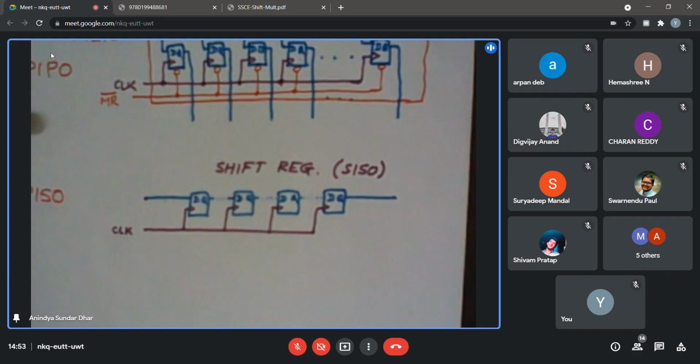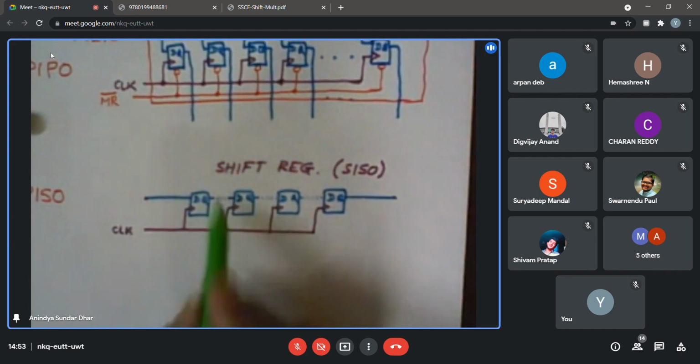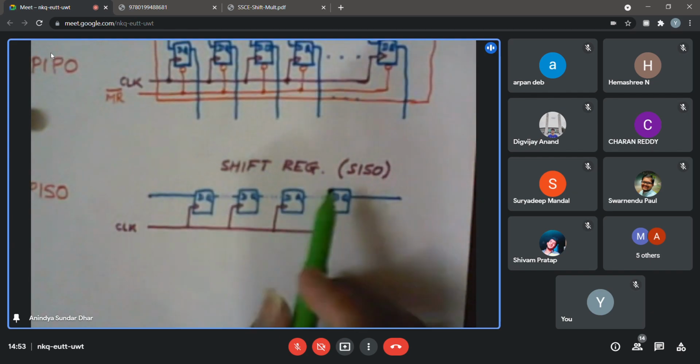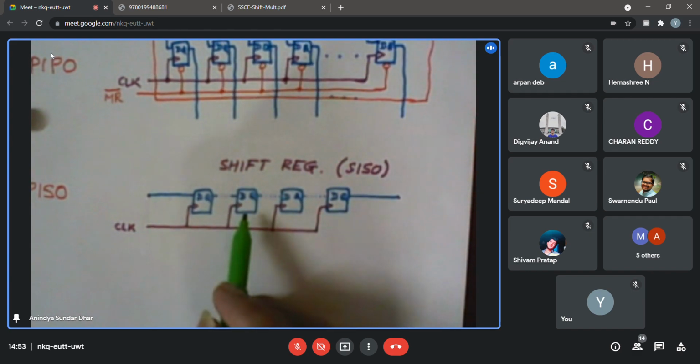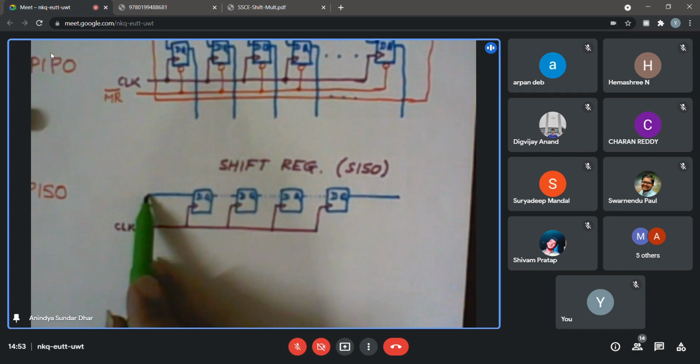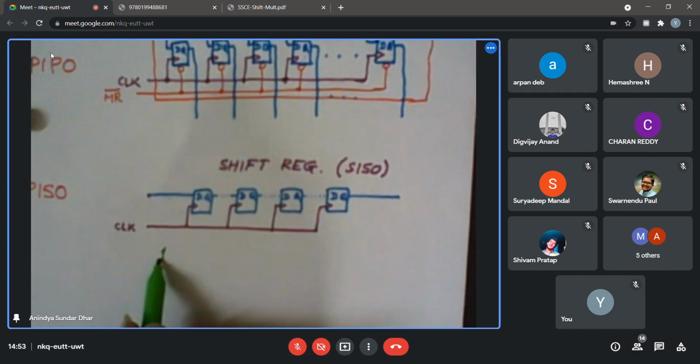Okay, so let us assume that initially I have switched it on. Whether it can be cleared or not, I assume that I do not know what the present state of all the flip-flops will be after switching it on. That can be some garbage. So right now, suppose I put some value of 1 over here. I'm just writing 1 at this point.